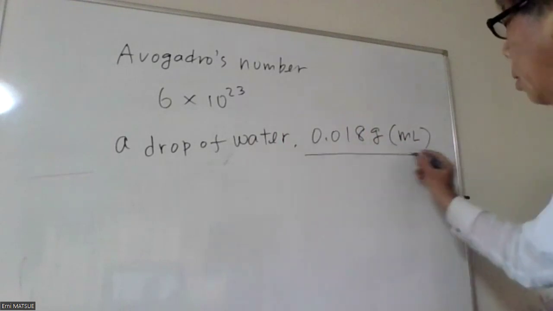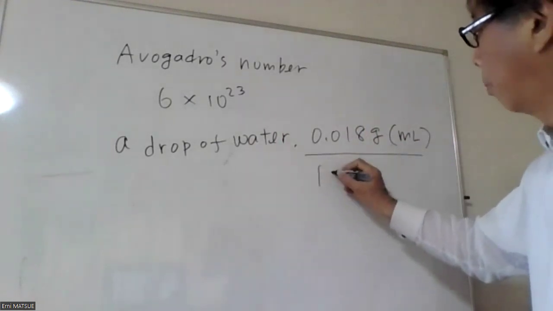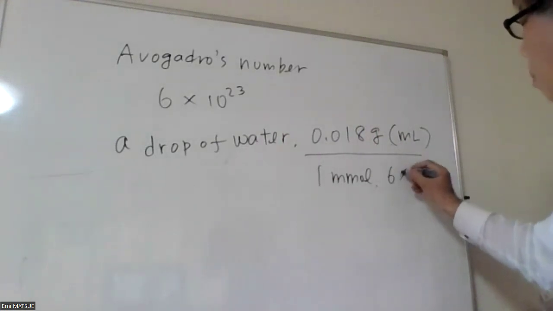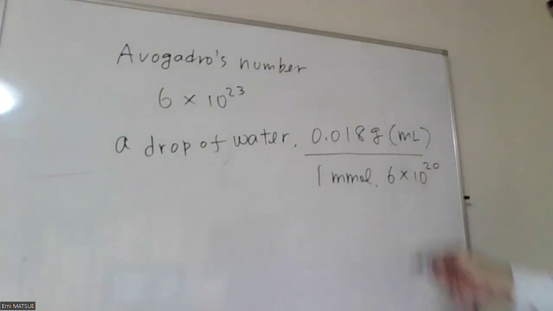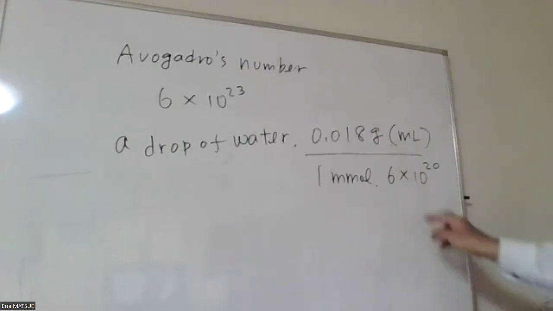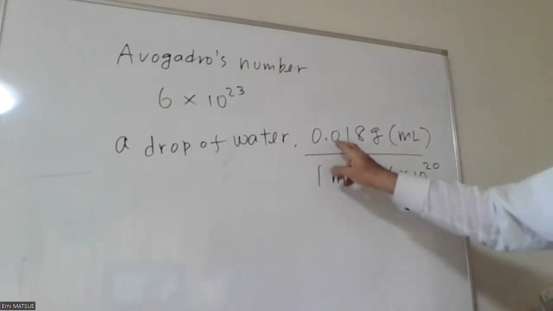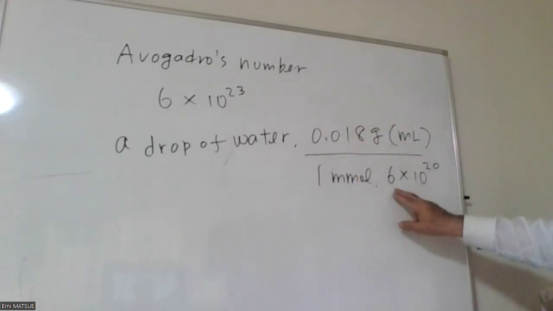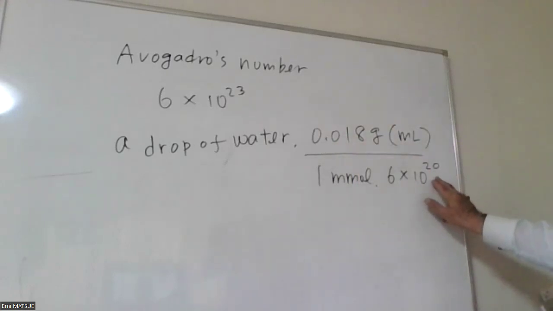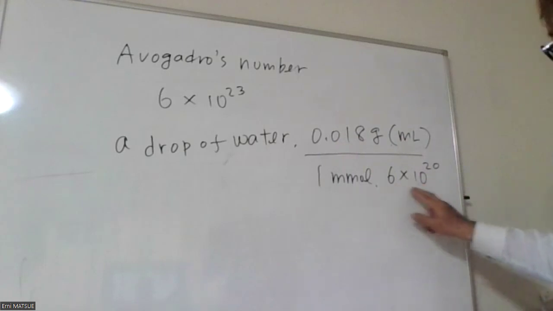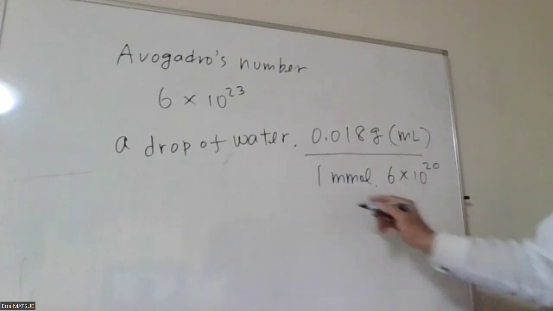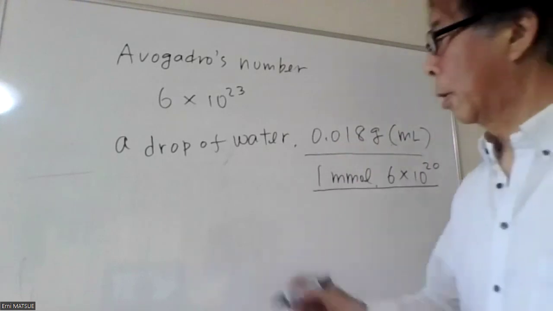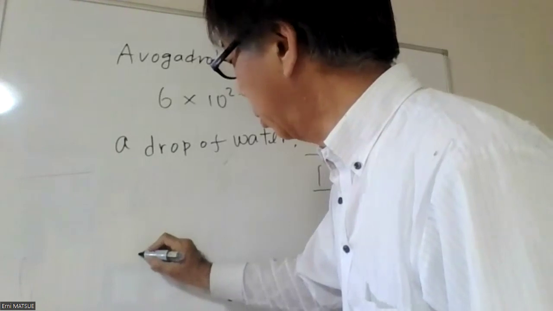This is equal to 1 millimole. One millimole of water contains 6 times 10 to the 20 water molecules.